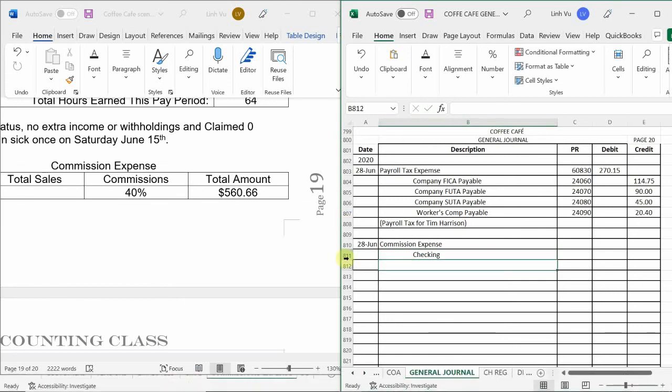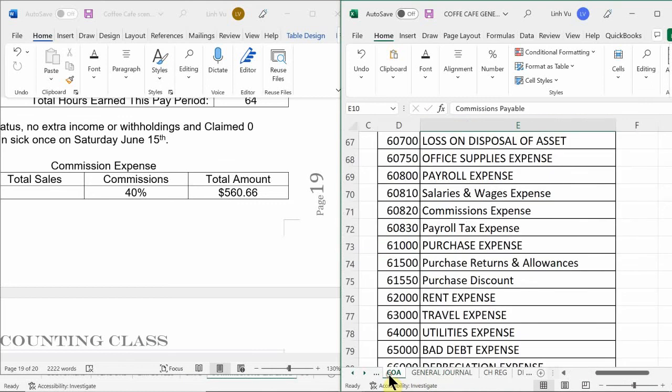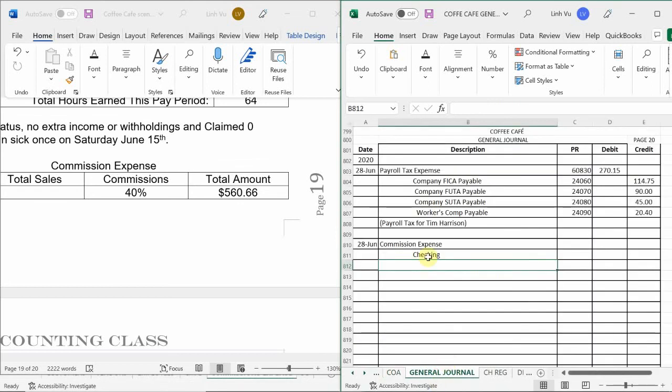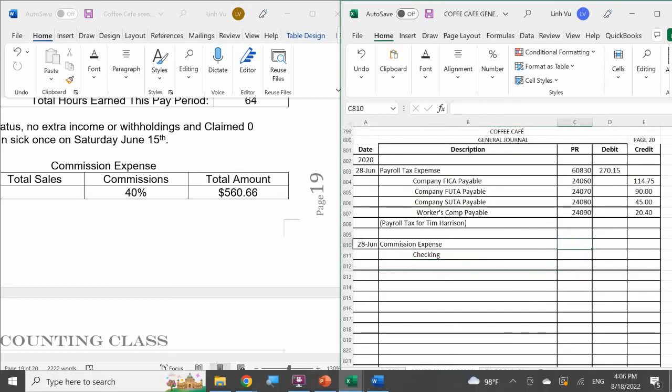Okay, so let's see what the commissions expense account is. Commissions expense is going to be account number 6820, for $560.66.